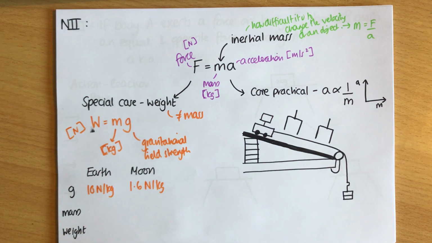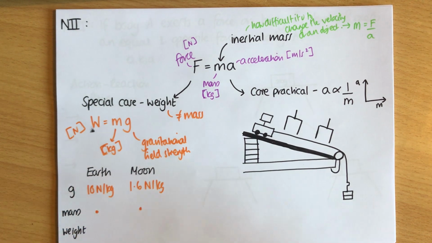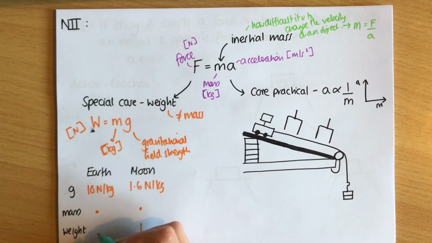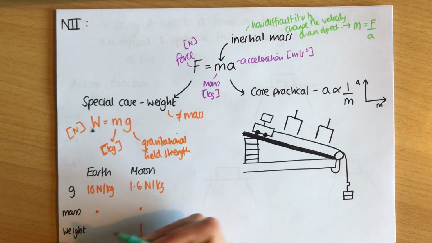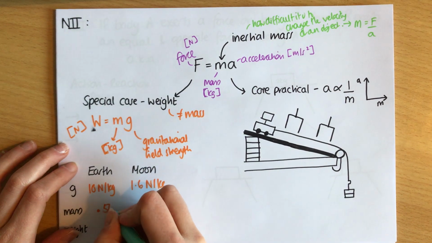Now, if I was an astronaut and I went to the moon, my mass would stay the same. No matter where I was on the Earth or the moon, it would be X number of kilograms. However, my weight would be smaller on the moon than it is on Earth. So let's say we've got an astronaut that's 50 kilograms.